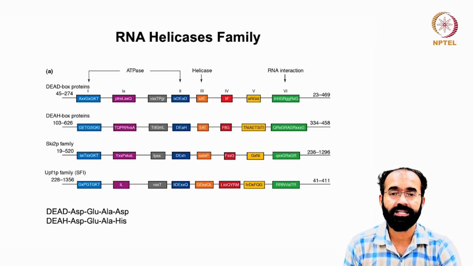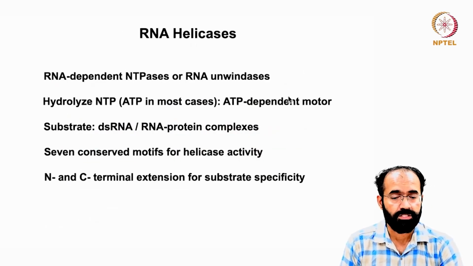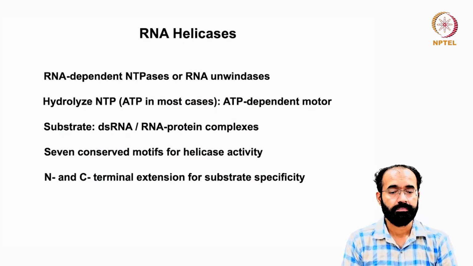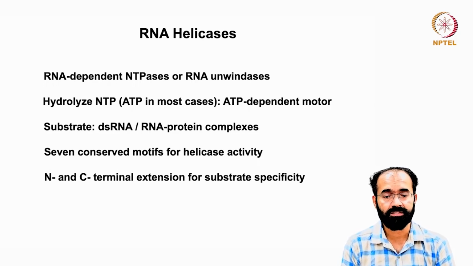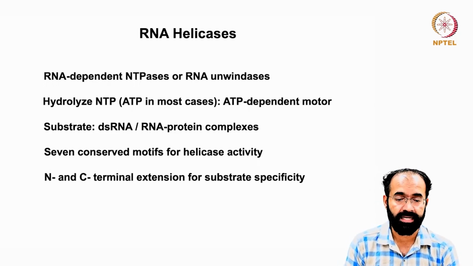So these domains are important, but by and large the helicase activity depends on whether it can utilize ATP by ATPase domain and helicase, and also their ability to interact with the RNA interaction domain. So helicases in general are RNA dependent NTPases or RNA unwindases, and they can hydrolyze the NTPs.